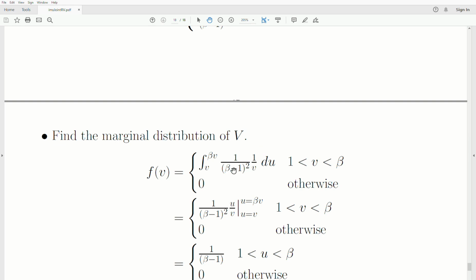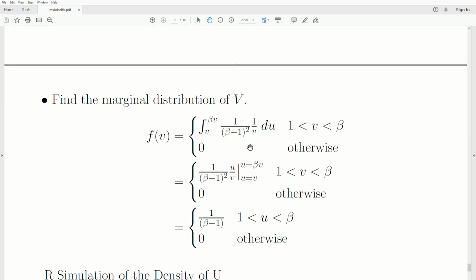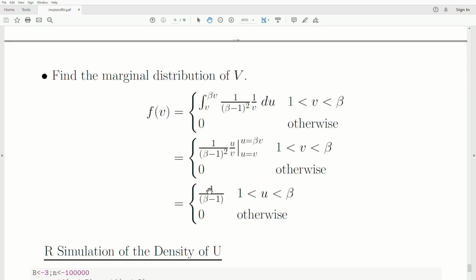So here's the joint density of u and v, and then we integrate from the line v and the line beta times v, and this is when v is between 1 and beta. And so there's no u here, so the antiderivative is just u, and then we plug in the limits of integration, and we get this 1 over beta minus 1, which is a uniform random variable from 1 to beta. And that's exactly what we expected to get.